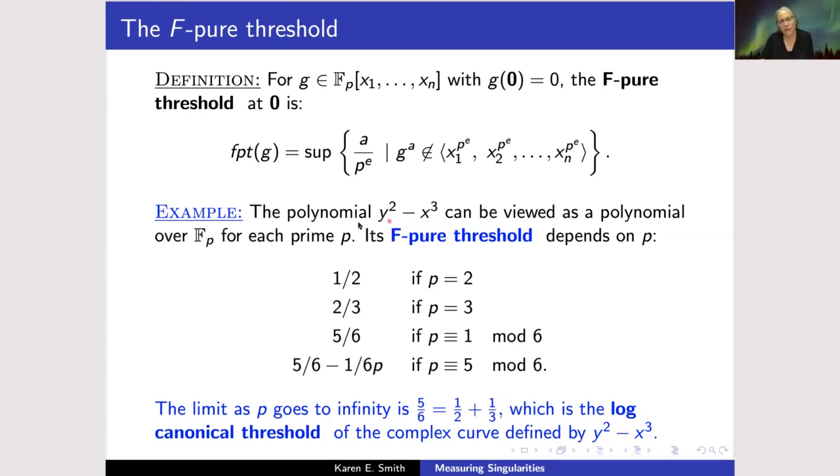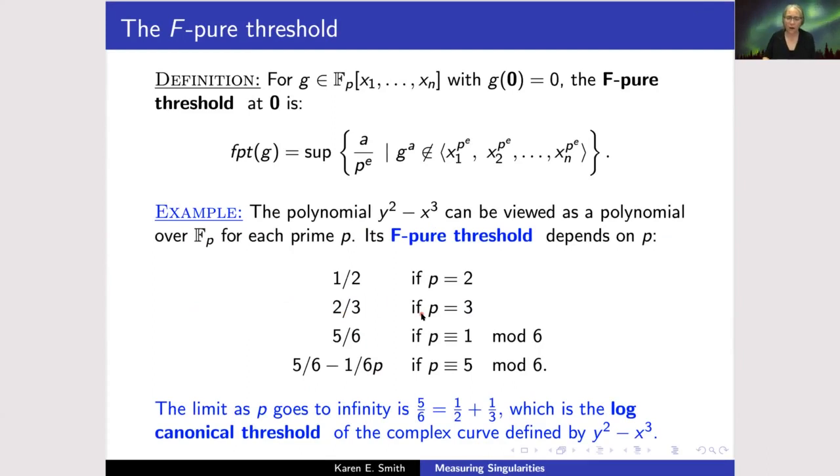The F-pure threshold of this at the origin, at the singular point, now depends on p. So this is interesting. It is smallest when p is 2. So somehow this curve is the most singular when we're in characteristic 2. It is slightly bigger when p is 3.